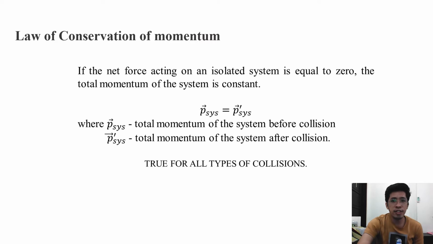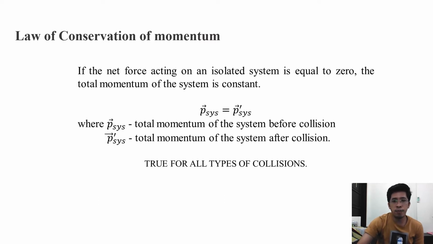If the net force acting on an isolated system is equal to zero, that is, the vector sum of all the external forces is zero, the total momentum of the system is constant. We can say that the momentum of the system before the collision is equal to the total momentum of the system after the collision.